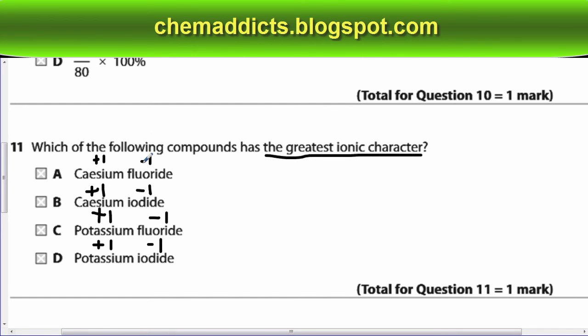For anions the charge is the same, so we will be concerned only about the size. Smaller size will have larger ionic character, or stronger ionic character.